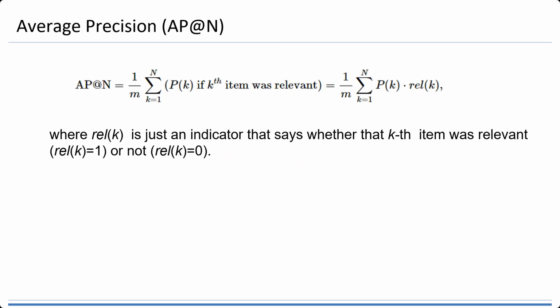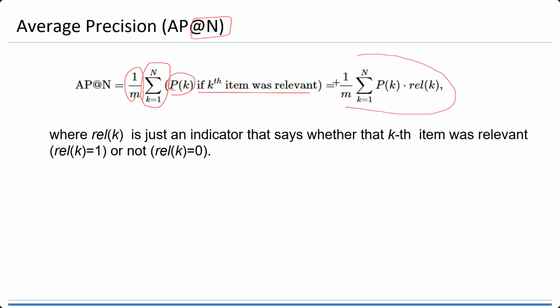The other kind of metric we call average precision. And for the average precision, we have the average precision at N. N, yeah, means the number of items that we want to measure. So it is 1 divided by m, and we do the multiplication of pk, the precision at k, if the k-th item was relevant.